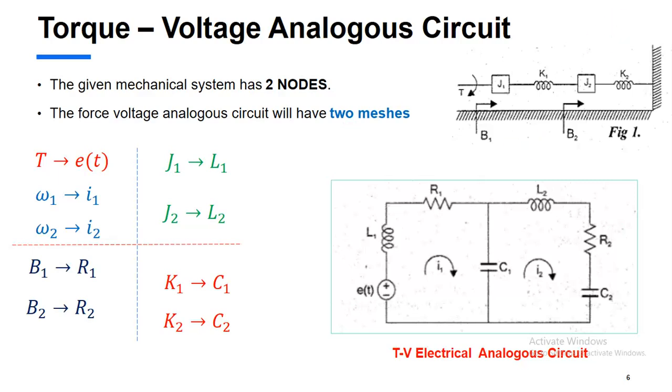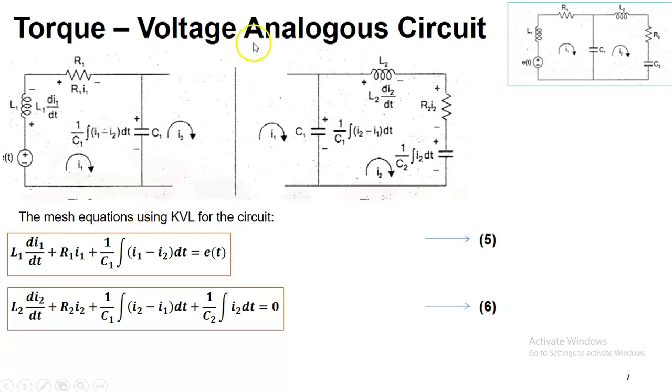We will write the mesh equations for this. These are the voltages across each element. L1 di1 by dt, plus R1 I1, plus 1 by C1 integral of I1 minus I2 into dt, is equal to E of t. With respect to the second loop, L2 di2 by dt, plus R2 I2, plus 1 by C2 integral I2 into dt, plus 1 by C1 integral of I2 minus I1 into dt.